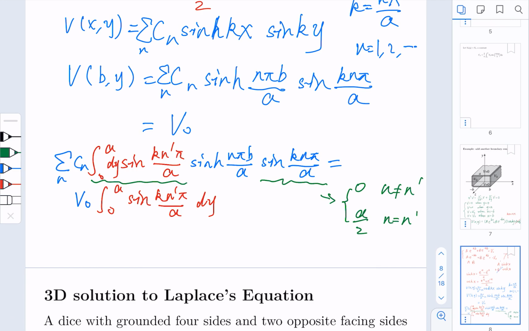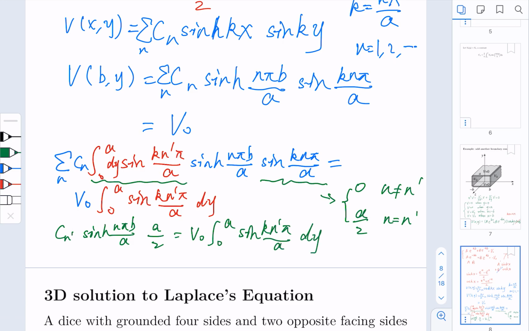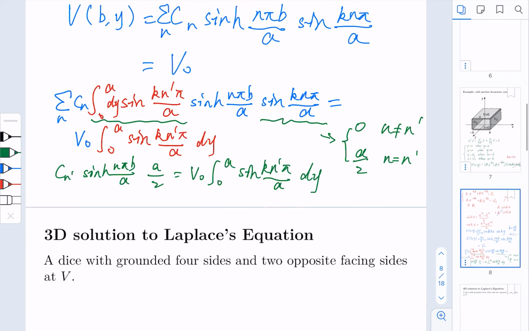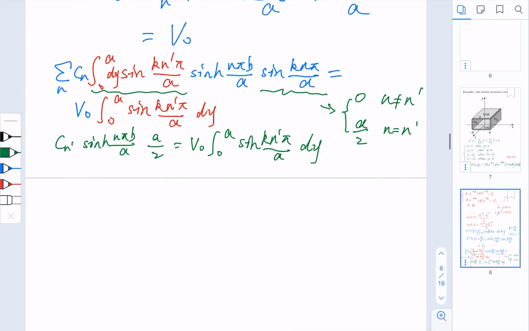So this means it's Cn prime times sinh n pi b over a, over 2, equals v naught times the integration of sine.